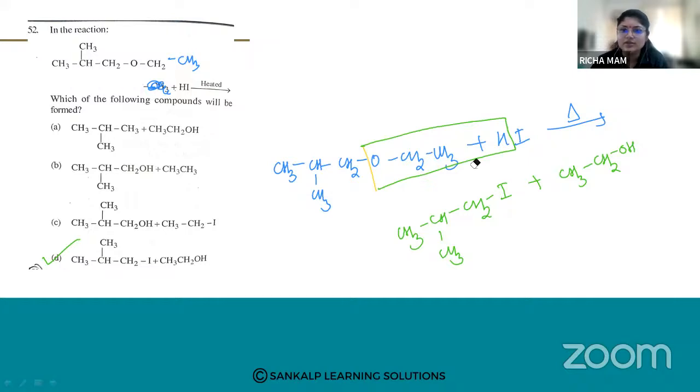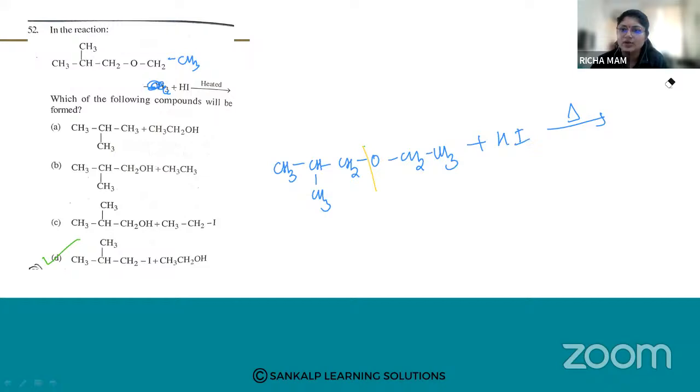No, just a second. What we have to see now? I have an ether, and here we look at the linkage. This is not a symmetrical ether.